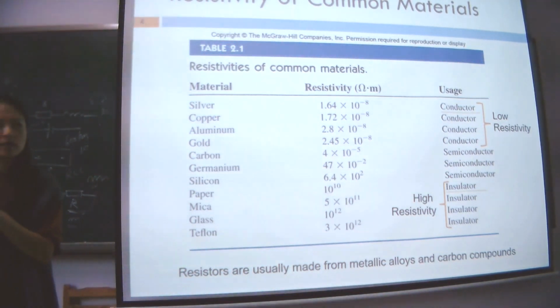This is also a conductor. This is the steel, aluminium, and this is the copper inside.